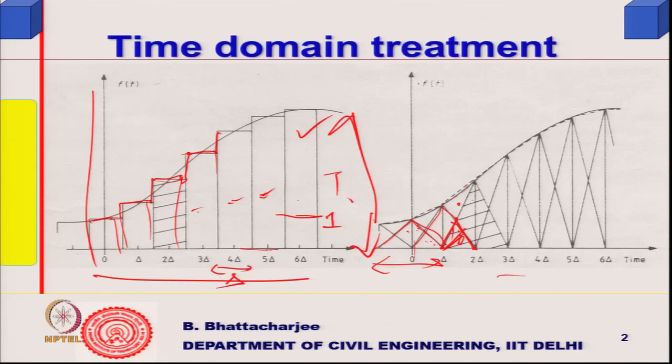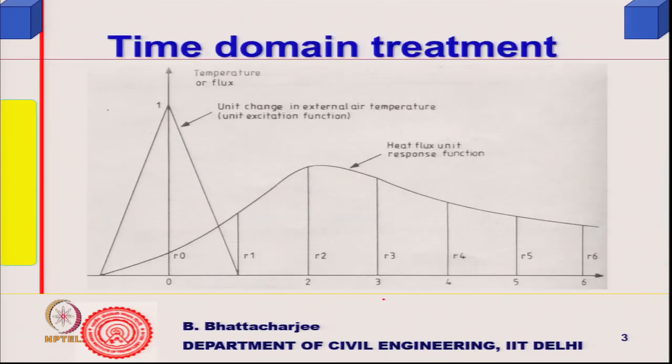For a pulse which came delta time earlier, two things will happen. The response will not be instantaneous. I mean, the response will be something like this. For a unit triangular pulse, I will have a response like this, and the response will continue for quite some time.